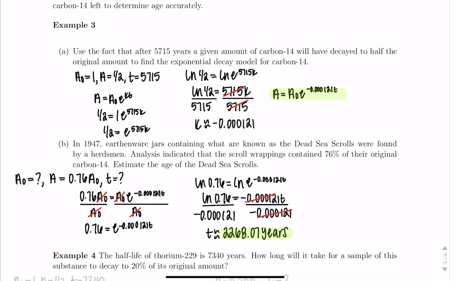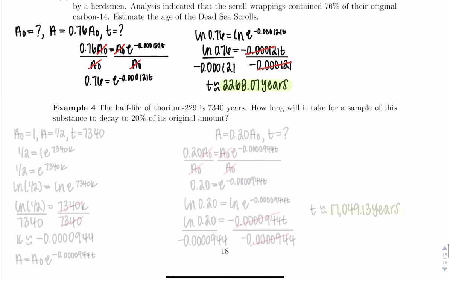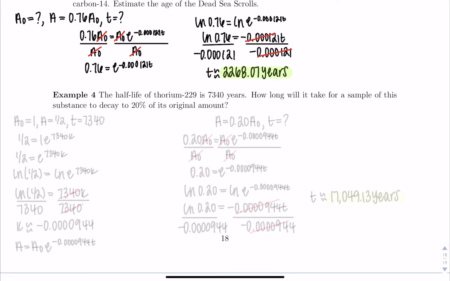Go ahead and pause the video and try the last one for yourself. So the half-life of thorium-229 is 7,340 years. How long will it take for a sample of this substance to decay to 20% of its original amount? So the first thing you have to do is find the k.